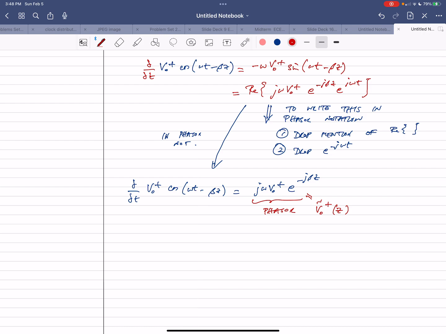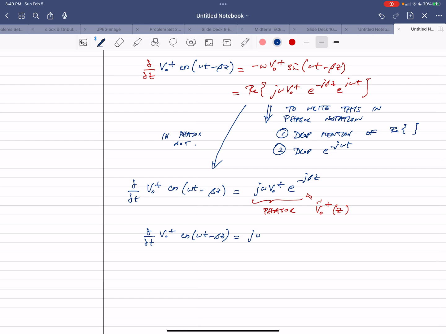So for example, one way this simplifies the math, as you can see in this case, is that the derivative of V0 plus cosine of omega t minus beta z is just equal to j omega times the same thing in phasor notation.